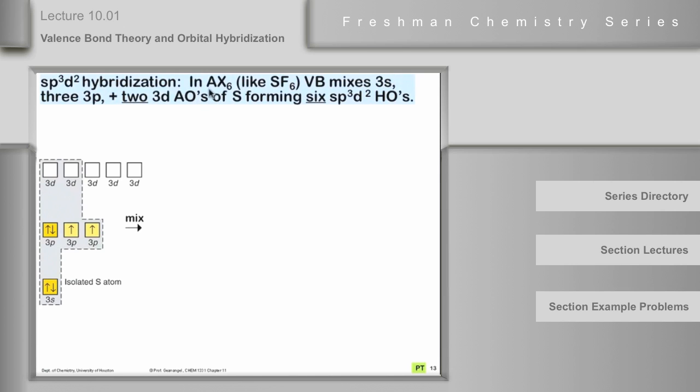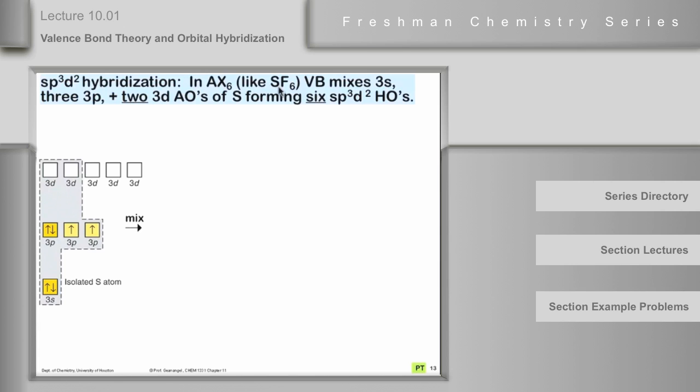Okay, the last case, AX6, is a version of the expanded octet that requires 6 electron groups. In AX6, the center atom is required to have 6 hybrid orbitals that are equivalent.